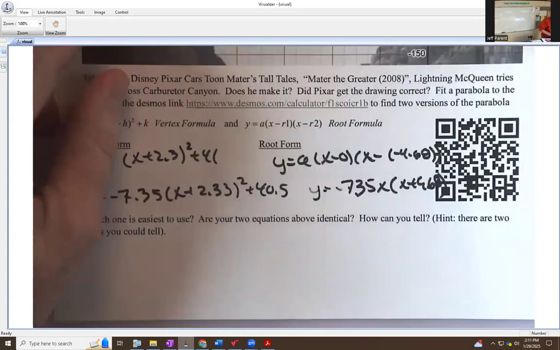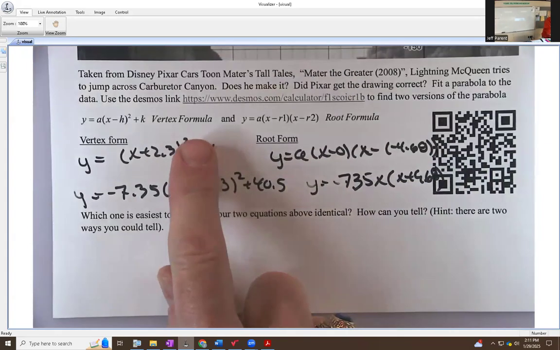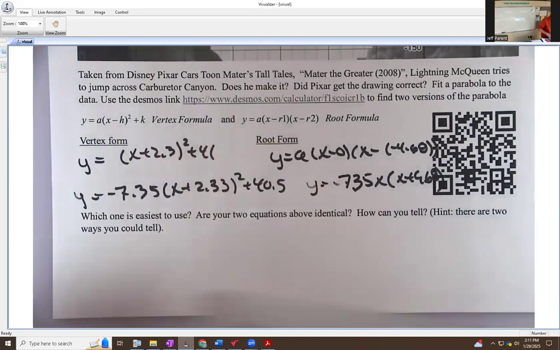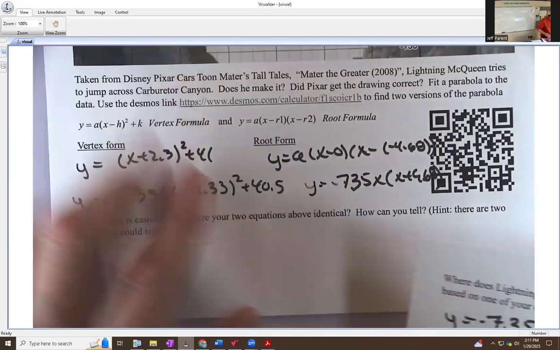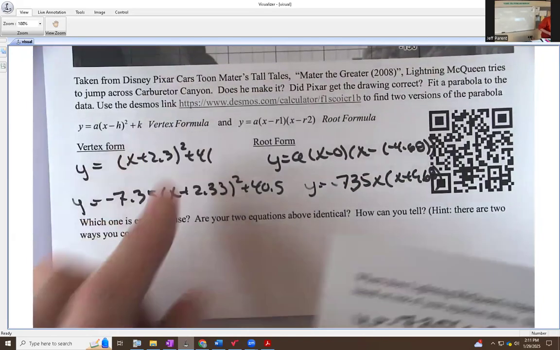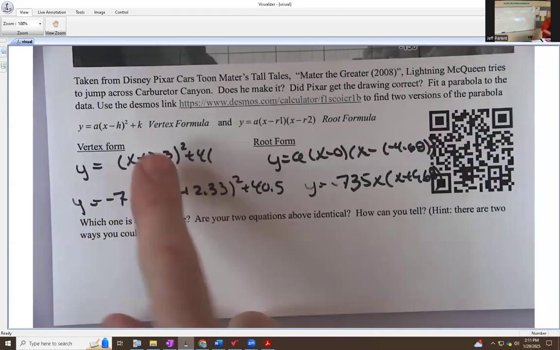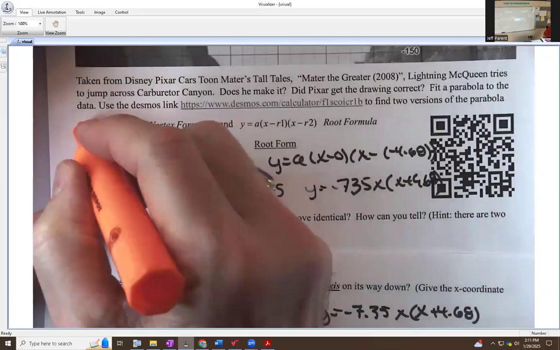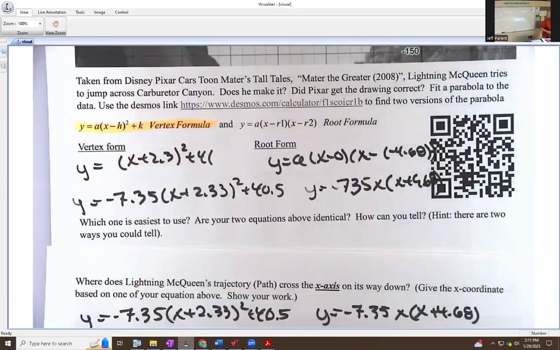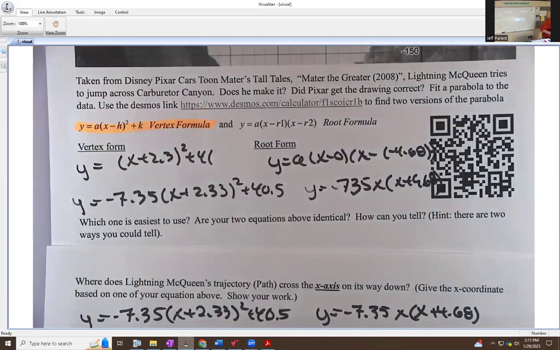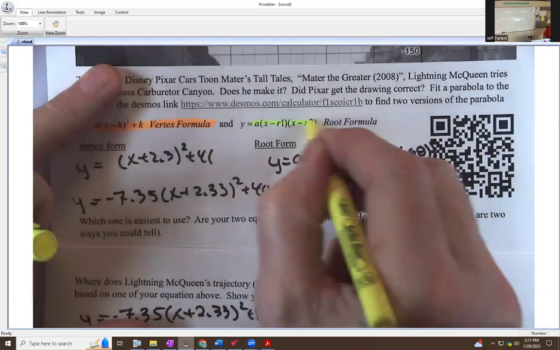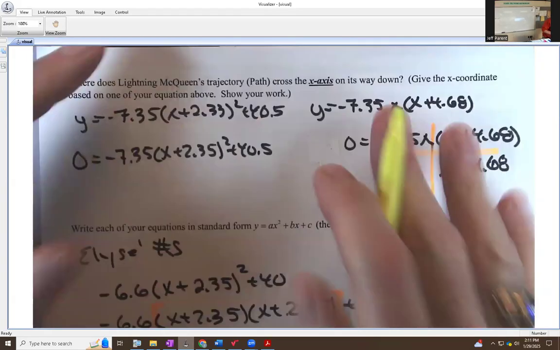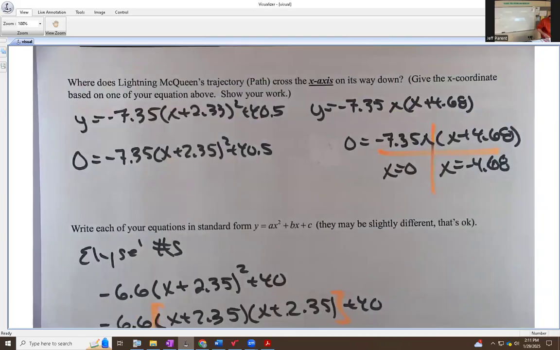But I'm hoping you're seeing some of the things that I'd like you to get. There's a couple different versions of a parabola that we can work with. There's your vertex form, your root formula, and then of course your standard form. So there's 3 different forms. All of them have their convenience.